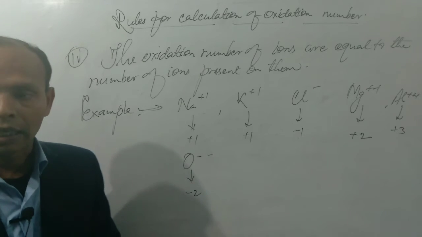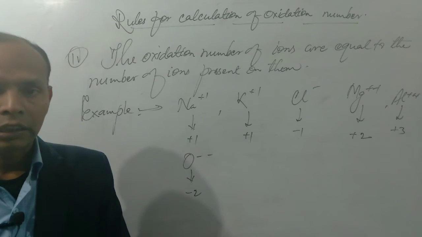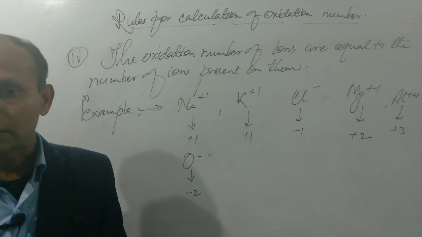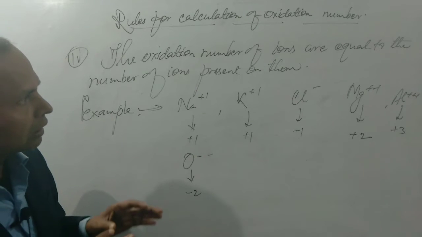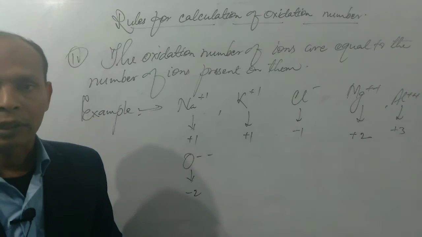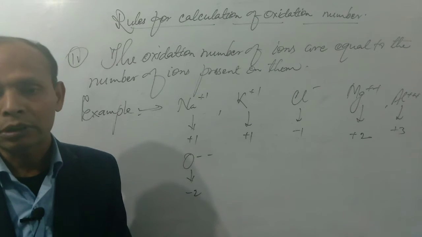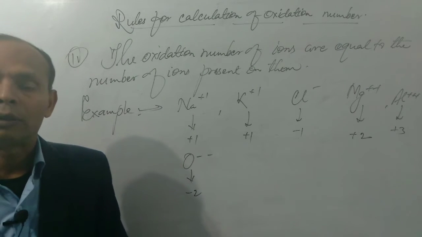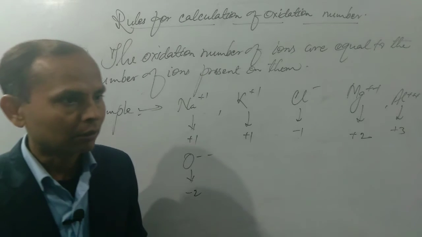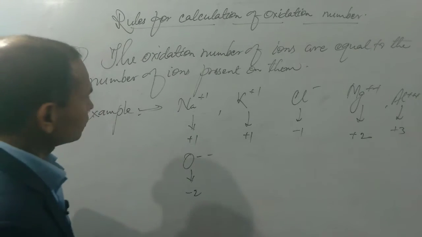So we can say that the sum of the oxidation states or oxidation numbers of different elements in a molecule is found to be 0. So these are the 5 rules. On the basis of these 5 rules, we have to calculate the oxidation number or oxidation state of any element in a given compound or molecule.